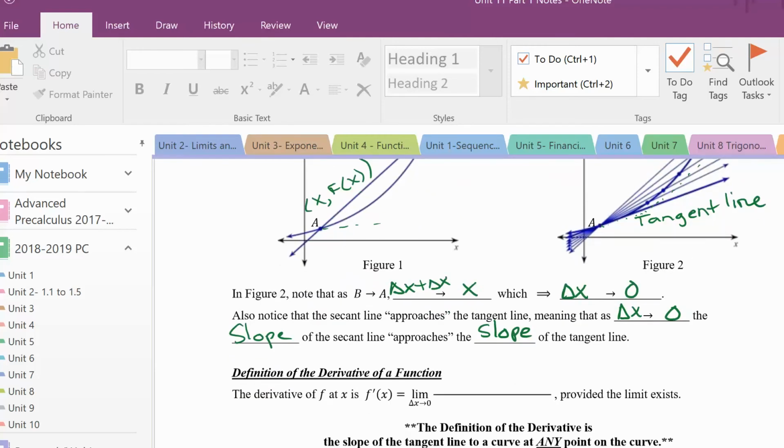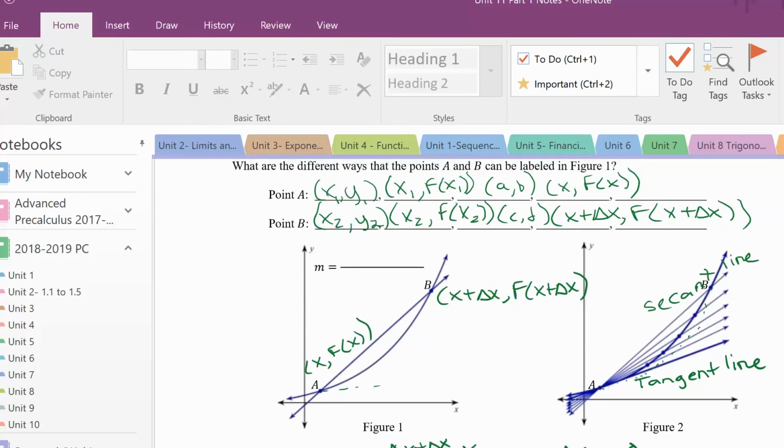So the derivative of f at x is the limit as delta x approaches 0, meaning the change in x, of, and remember, slope is always y2 minus y1. So here it would be f of delta x plus x minus f of x all over x plus delta x minus x.